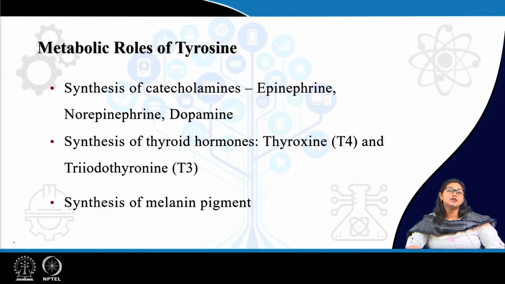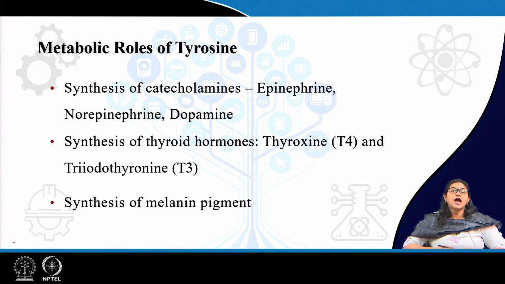In this class, we are going to discuss catecholamine. The important catecholamines are epinephrine, norepinephrine and dopamine. So, how these catecholamines are synthesized and how they are catabolized, what are the different physiological functions they impart as well as the related clinical condition.